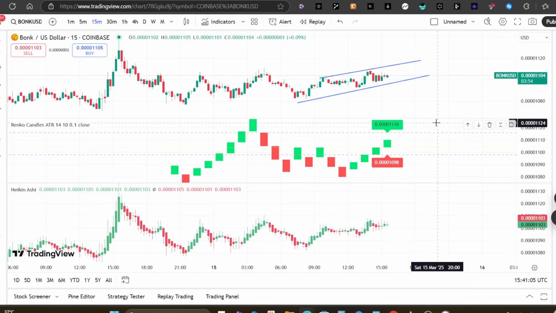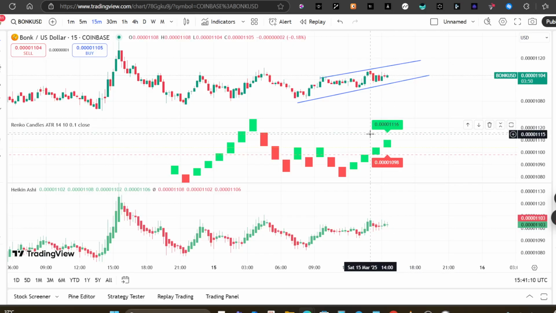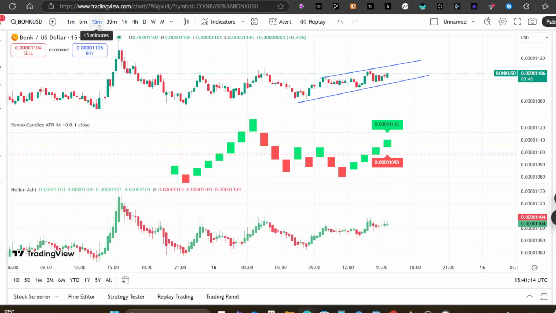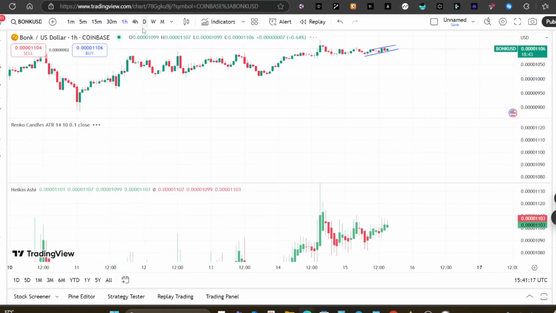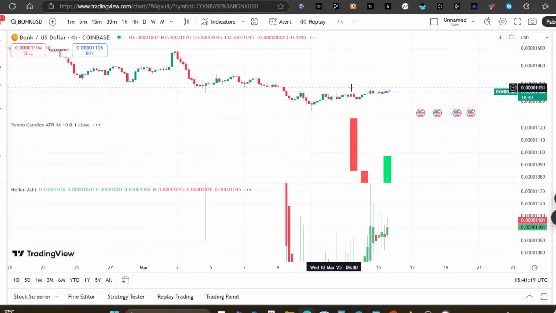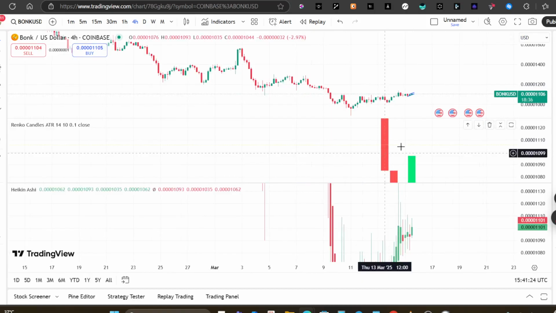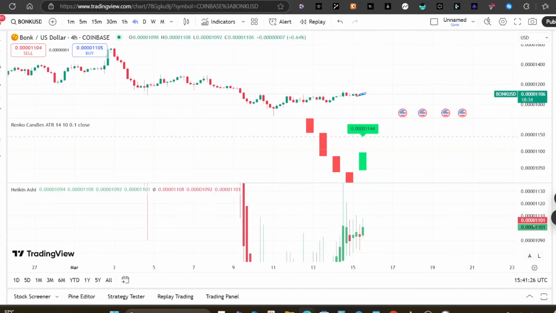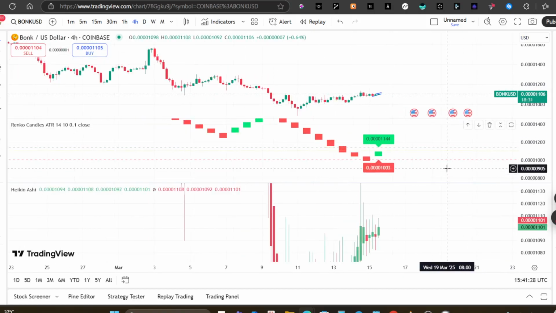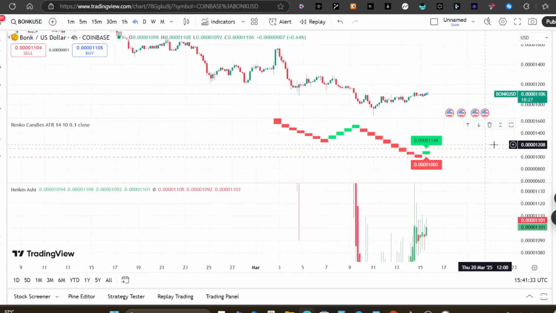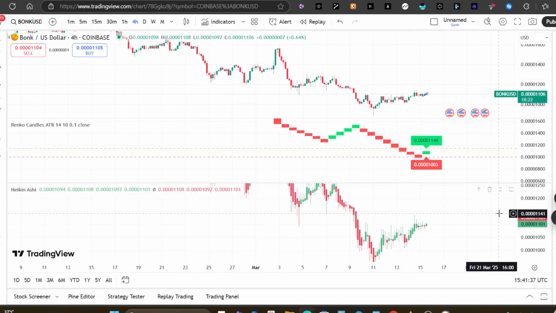Okay, ensure that you are using the appropriate time frames. The Renko Ashi trading system works best on higher time frames like the 15 minutes, 1 hour, the 4 hour charts. Okay, you can use it on the 15-minute chart, you can use it on the 1 hour chart, you can use it on the 4 hour chart. You can actually use it on smaller time frames as well, depending on your trading style. If you are a day trader or a swing trader, that's going to determine the time frame that you're going to use this strategy on.